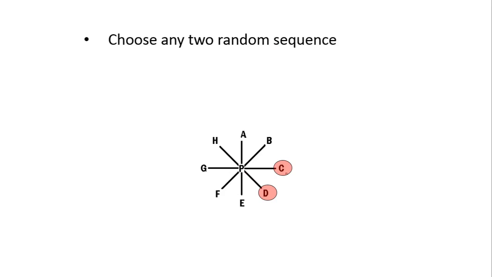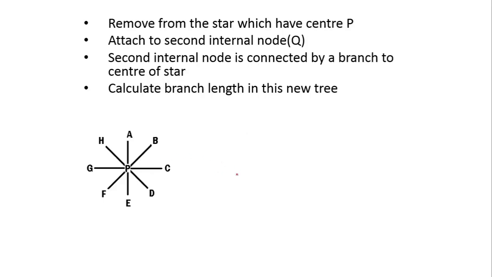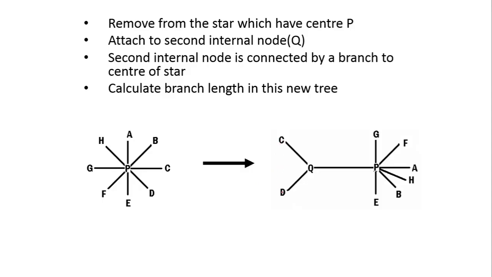In this case we have randomly selected sequence C and sequence D. After randomly selecting any two sequences, you remove these two sequences C and D from the original cluster, and attach them to an internal node, and we call that internal node or ancestor Q. So we remove two randomly selected sequences from the star, which has the center P, and after removing them we attach these two sequences to a second internal node called Q.